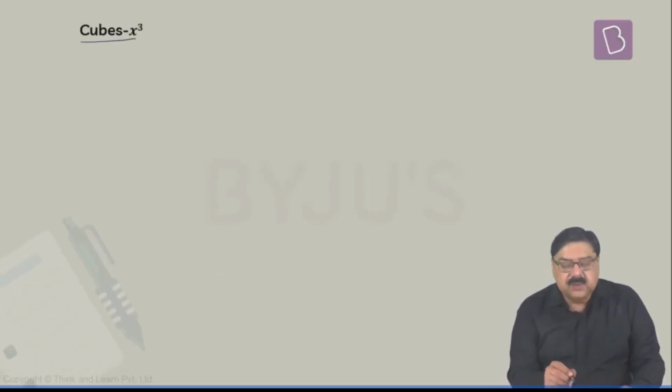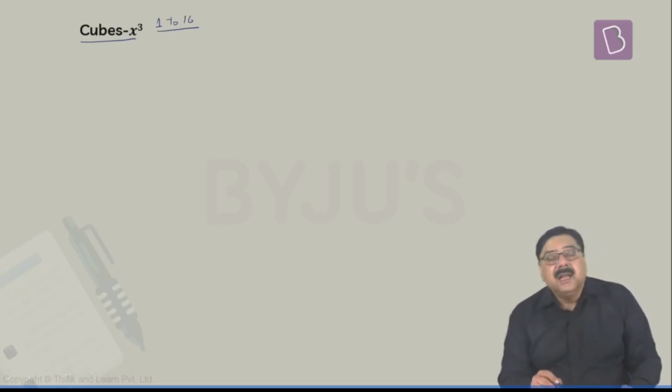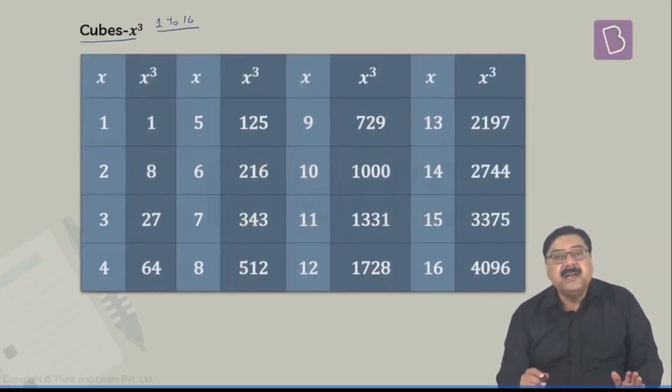Now coming on to cubes. You should memorize cubes from 1 to 16. Again, that's quite simple because most of the cubes you already remember. All these cubes are in one place in this table.